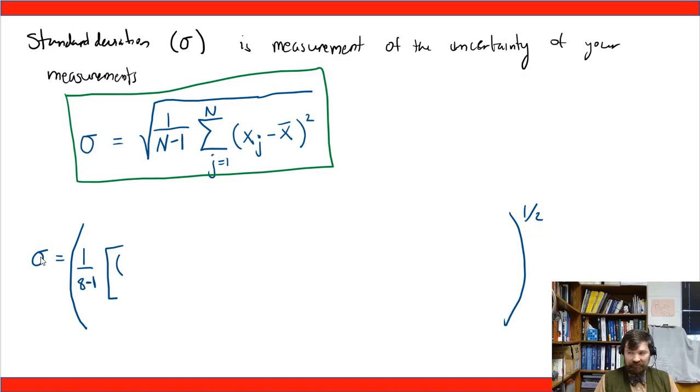So first one was 12.45. From that you would subtract your 12.45, and you can include the extra digits if you'd like here. Square it. And then you add the next number, which was 12.44, and again minus 12.45 squared. And then the next number was 12.46.